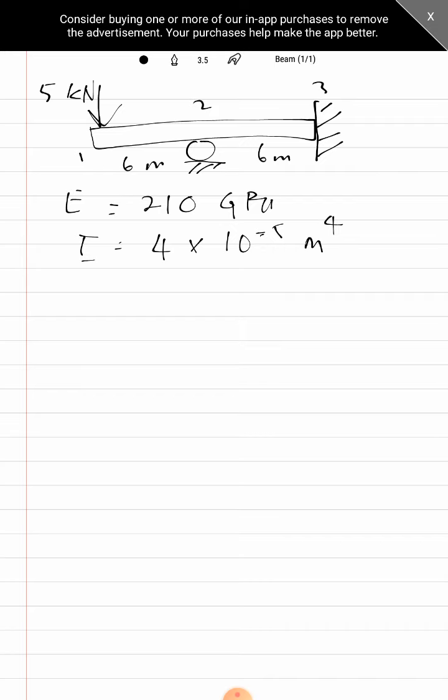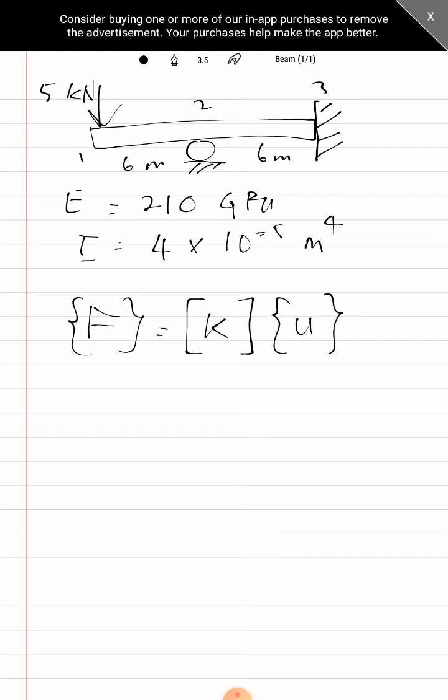Okay, so again, just to recall, for any structural problem, either beam or truss, the equation we have is F, the force matrix, equal to the element stiffness matrix times the nodal displacement matrix.